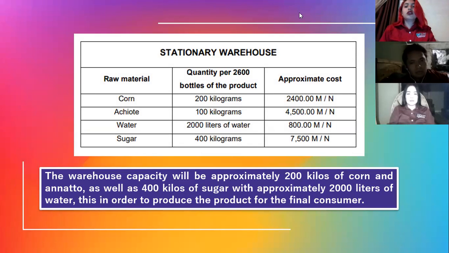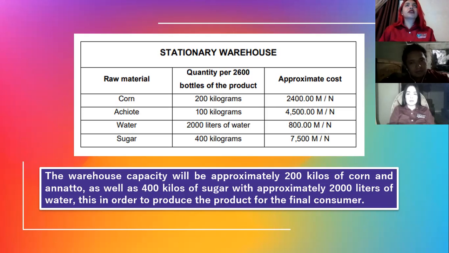This is the stable stationary warehouse that we are going to have. The raw material is corn, achiote, water, and sugar.